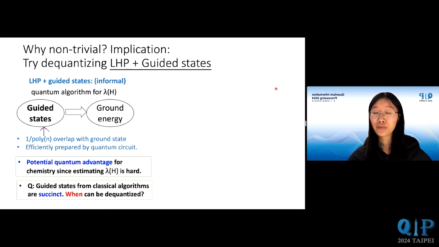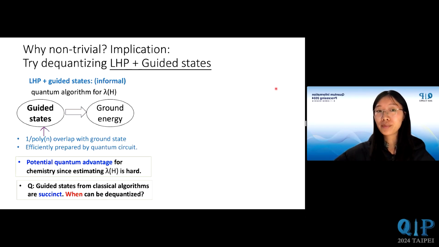But as we mentioned before, those guided states, those ansatz, are always succinct. So basically, this means we assume we have classical access to guided states. So a natural question would be, if you have classical access, can you design a classical algorithm? Do you really need a quantum algorithm?